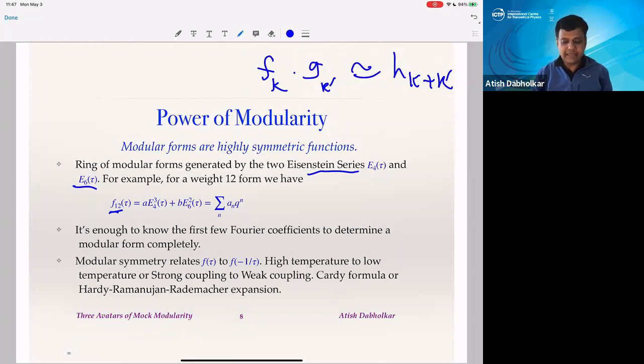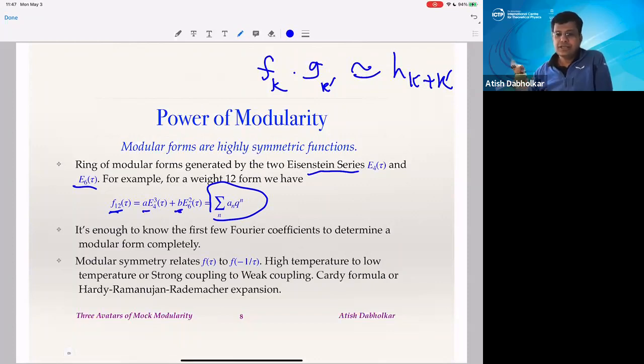And any weight 12 holomorphic modular form, therefore, has to be of the form A times E4 cubed plus B times E6 squared. And now you can see that on the right-hand side, you have an infinite number of Fourier coefficients, but it is completely determined by just knowing these two numbers. If you figure out what A and B are, then you know what that modular form is.